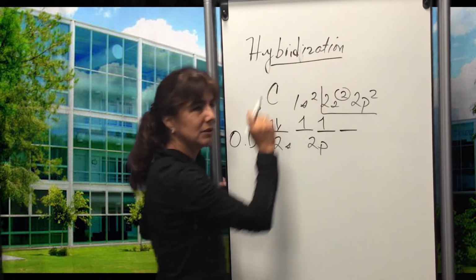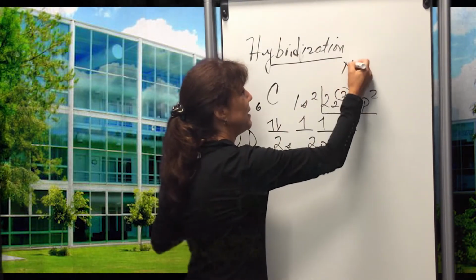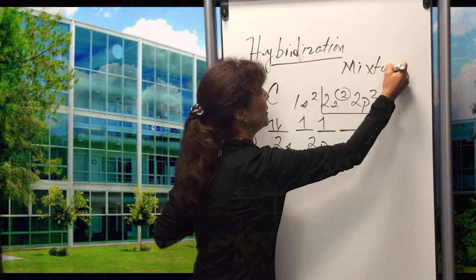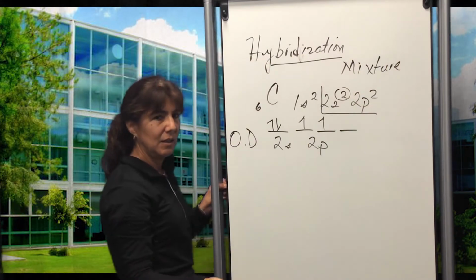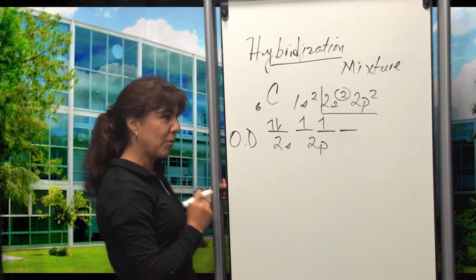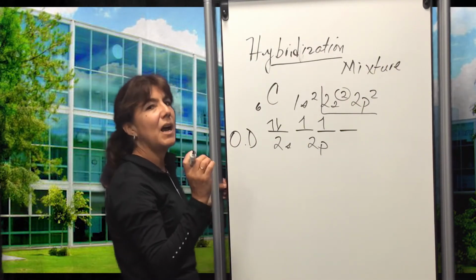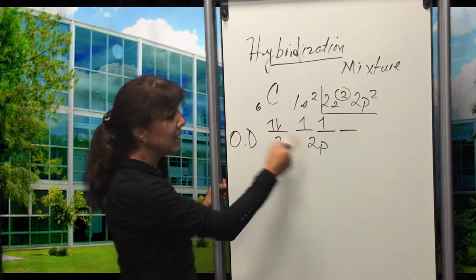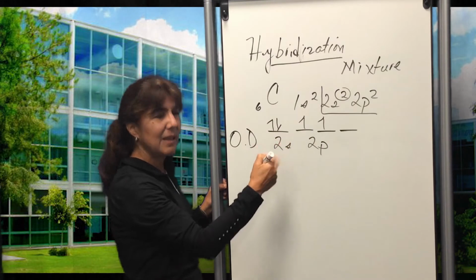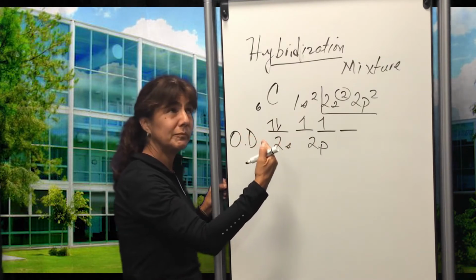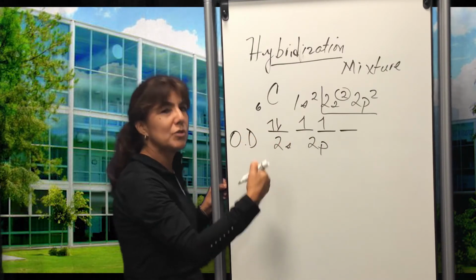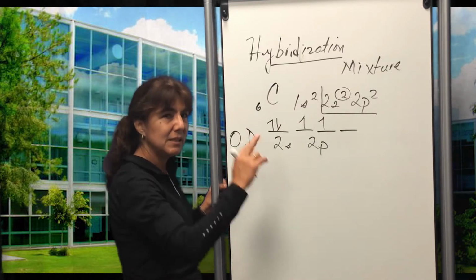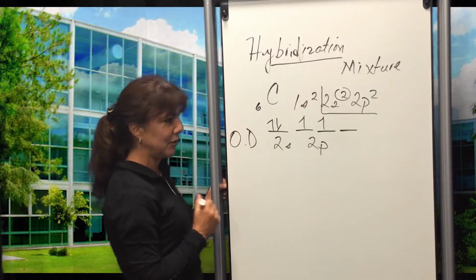Hybridization. What does this word mean? It means making a mixture, making a hybrid. What type of a hybrid are we making here? We're making an orbitals hybrid. Let's mix the orbitals which originally have different levels of energy.